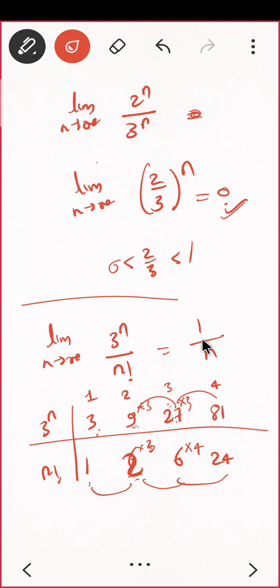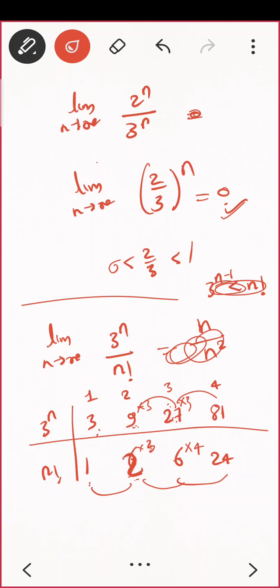This will be something like n upon n square form, where this n is going very slow and n square is going faster. Correct? I just want to relate this. 3 raised to n is less than n factorial, or maybe n minus 1 will come, something like the relation.